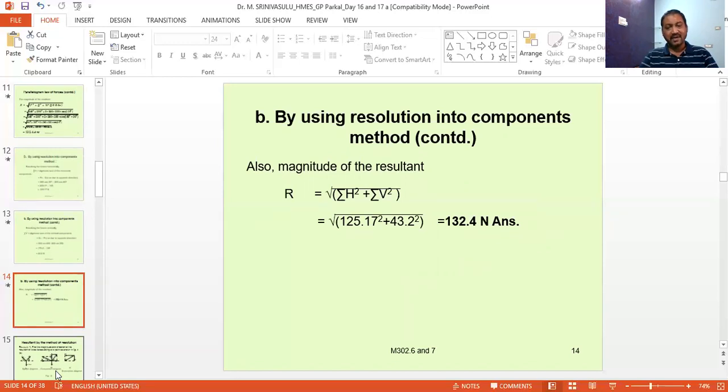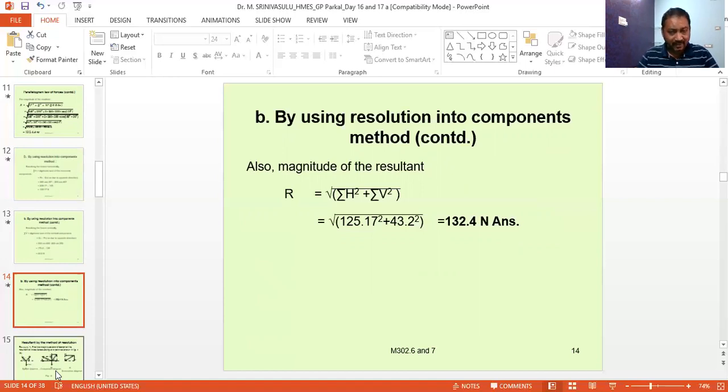So its value becomes 132.4 newtons. So this is the magnitude of the resultant force of the given two forces by using the method of resolution of forces.